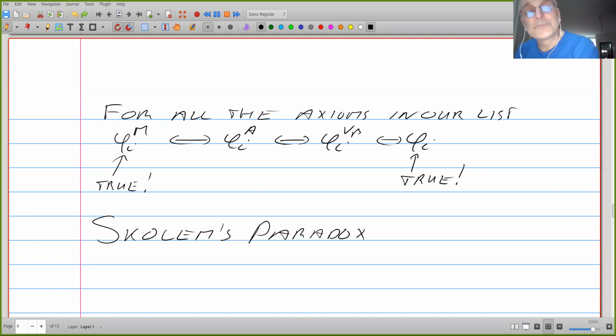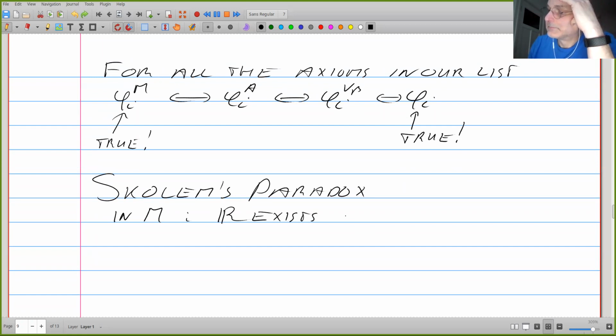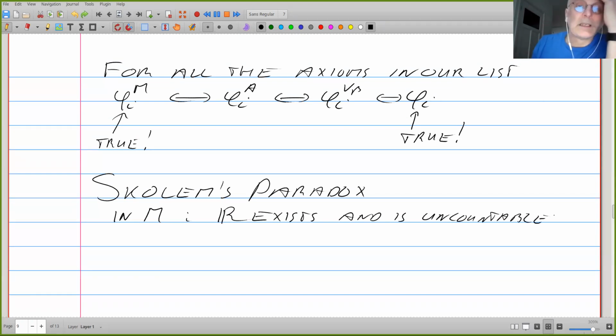Skolem's paradox. You may have heard of it, and you can Google it now if you want to. If we put enough axioms in our list, then in M, we can create the real line.